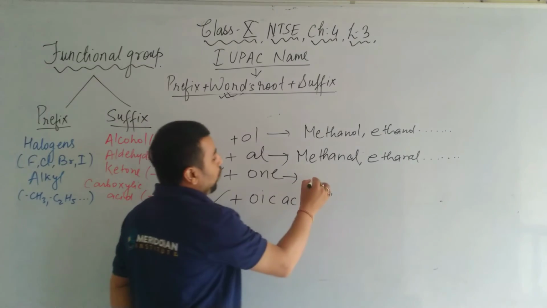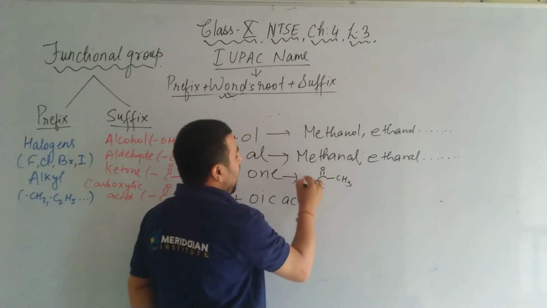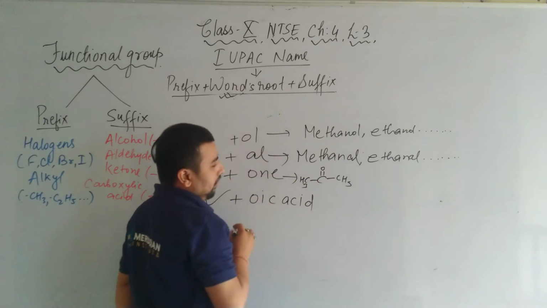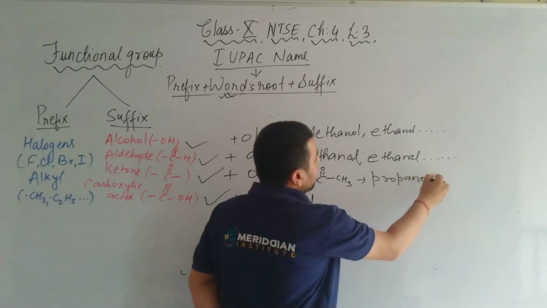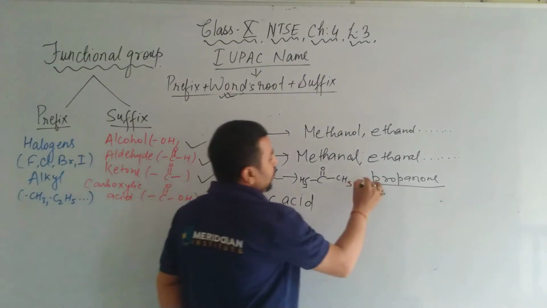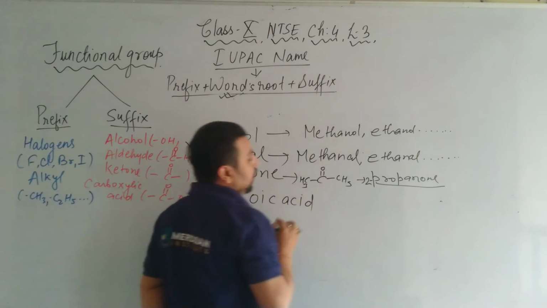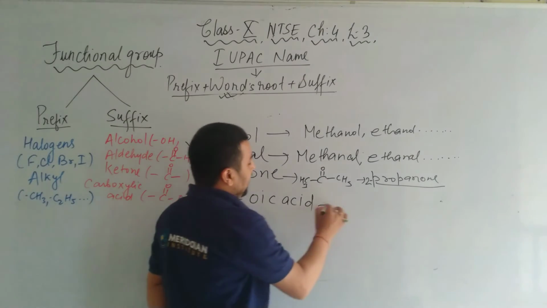If we add a ketone, just suppose here this is your ketone. To make a ketone, you need at least 3 carbons. So this will be known as propanone, because 3 carbons are there and on the second position this ketone group is there, so you can mention 2-propanone.